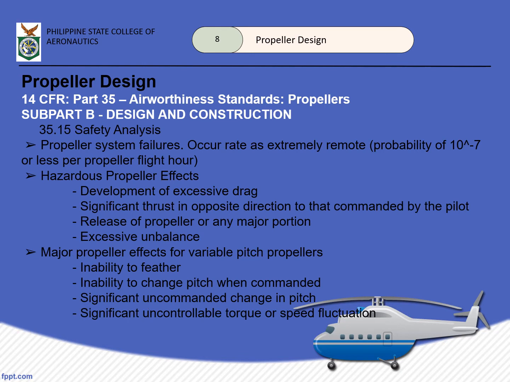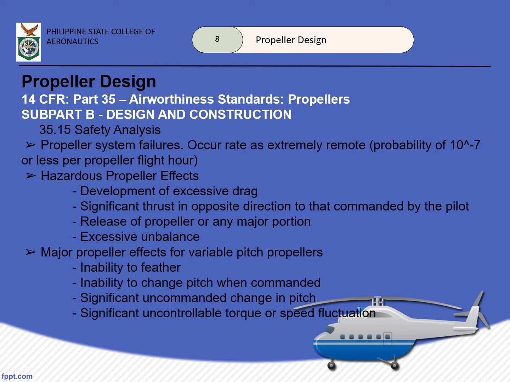For subpart B naman, andito yung for design and construction. So we have safety analysis. So under nito yung propeller system failures and the hazardous propeller effects. Under nun yung development of excessive drag, significant thrust in opposite direction to that commanded by the pilot, release of propeller or any major portion, and the excessive unbalance.